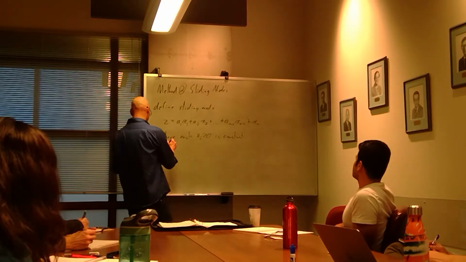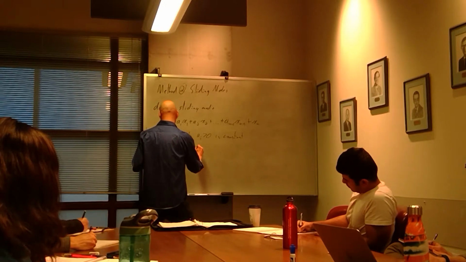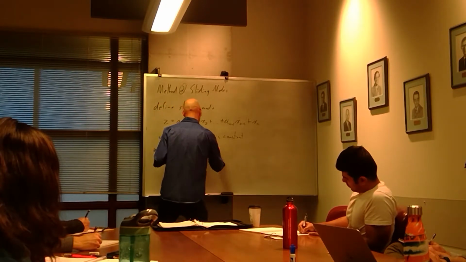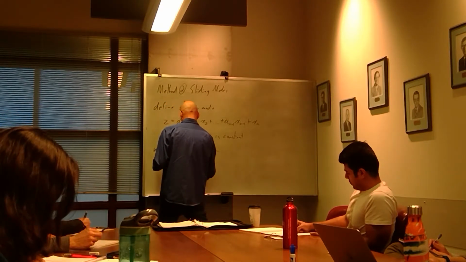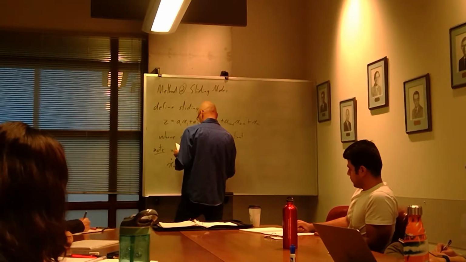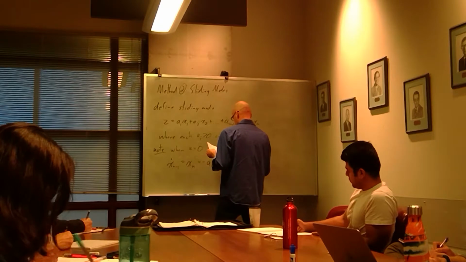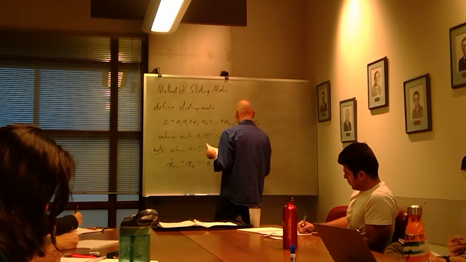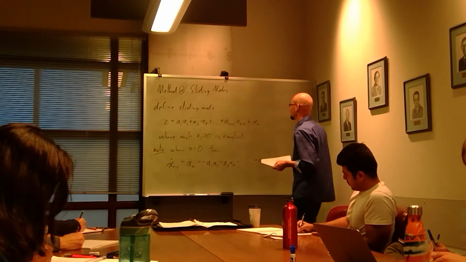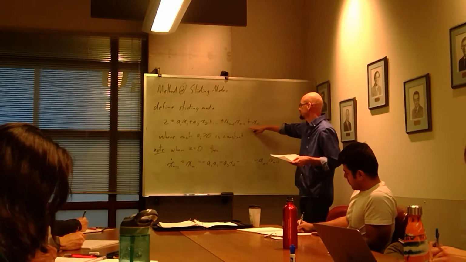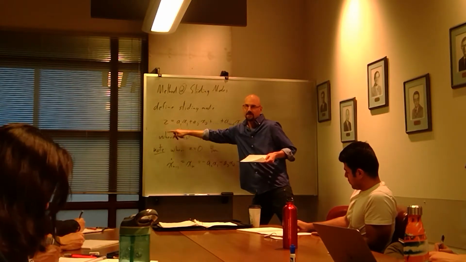The reason is that when Z is equal to 0, then I have the system x_{n-1} dot equals x_n equals minus a1 x1 minus a2 x2, all the way down to minus a_{n-1} x_{n-1}. So I'm just rearranging this equation with z set to 0.